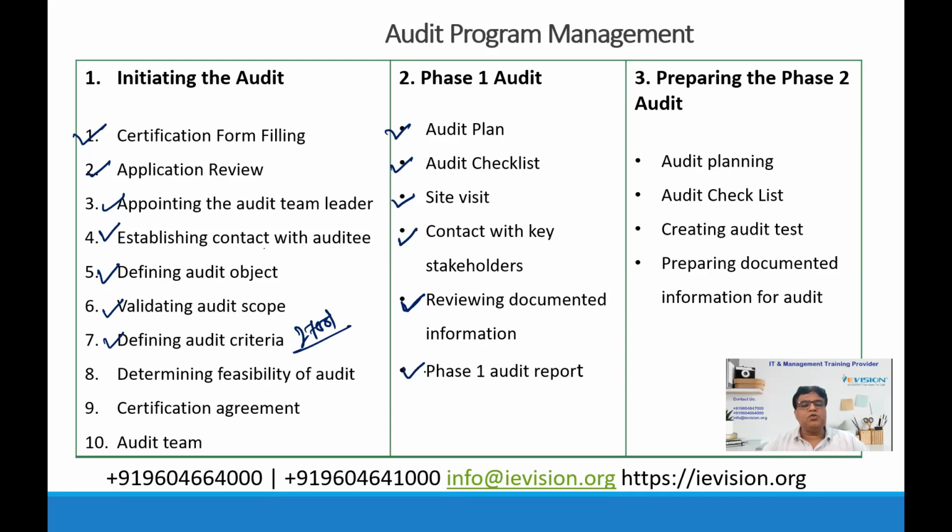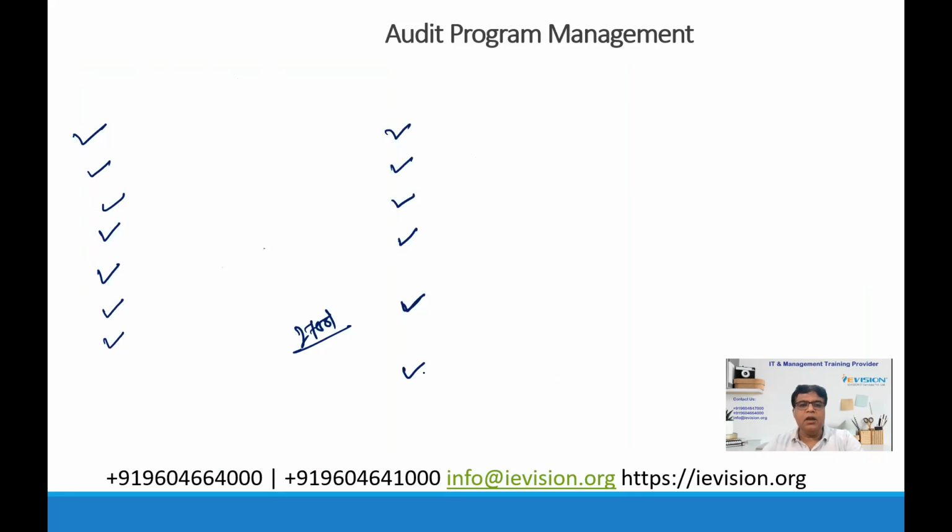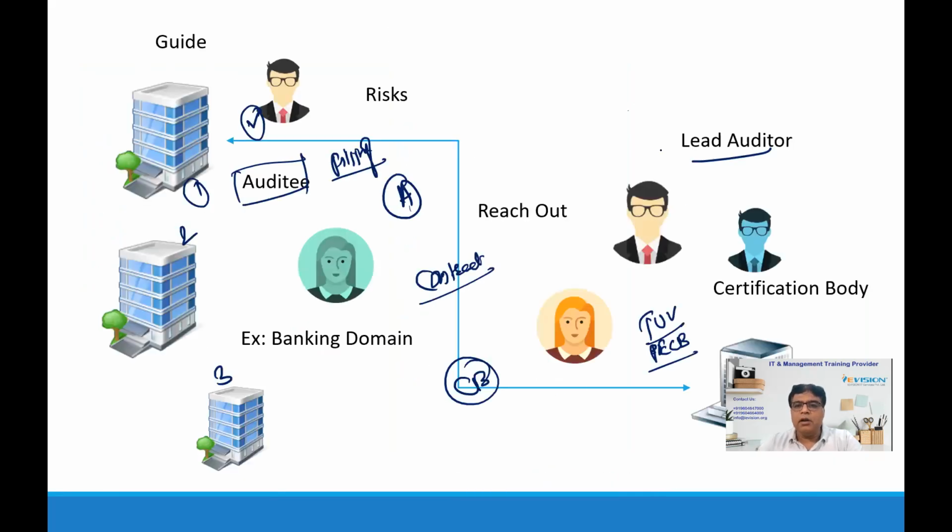As the phase 1 audit is complete, you will submit that report and give your recommendation to your certification body. But ultimately, you as a lead auditor are not accountable for giving that go-ahead, that you are cleared with phase 1.